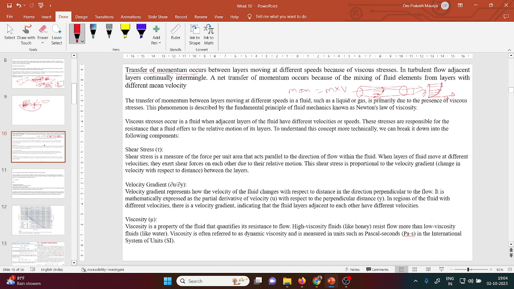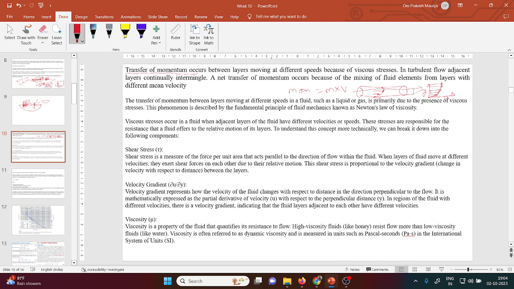So what is the concept of momentum transfer? Why is this happening? The magnitude is less here and more here because of the wall effect, that is the no slip condition. The wall effect is propagated in the upward direction.